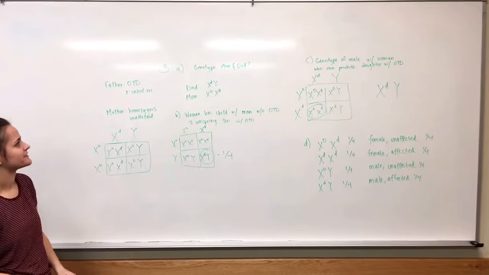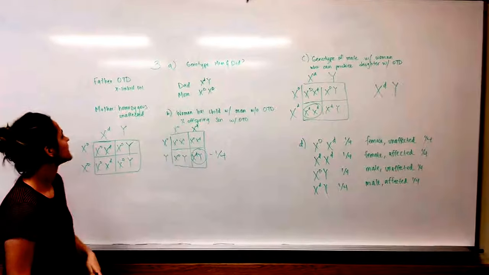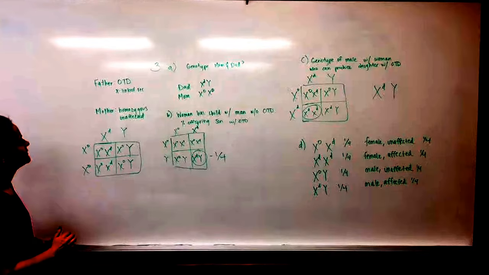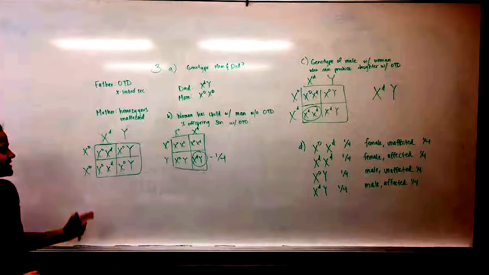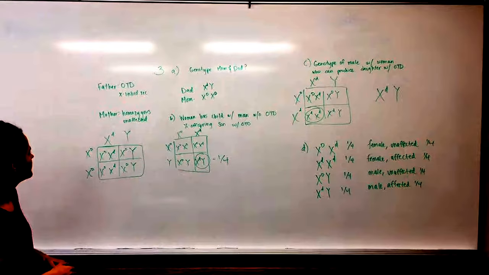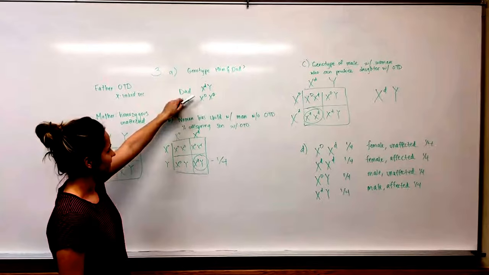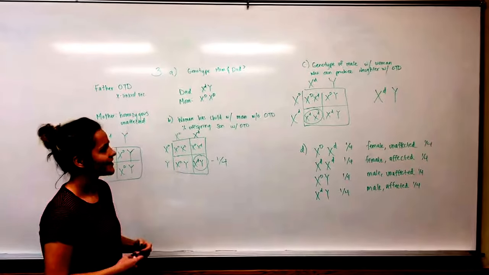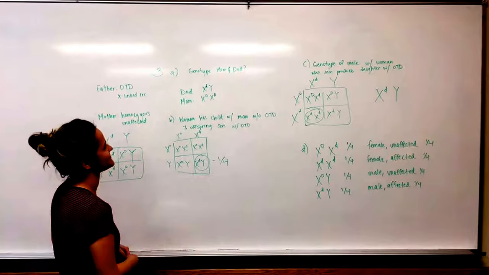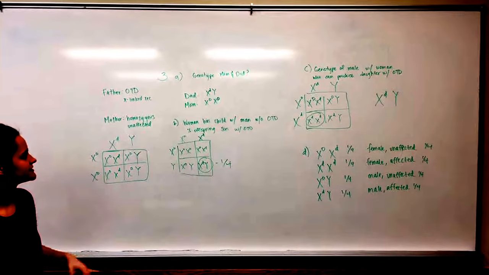Alright, so for question 3, for part A, we're looking for the genotypes of a mom and dad, where the father has OTD, which is an X-linked recessive trait, and the mother is homozygous and unaffected. So the dad would have the recessive allele on his X chromosome, and the mom would be homozygous dominant, so she wouldn't have the disease.